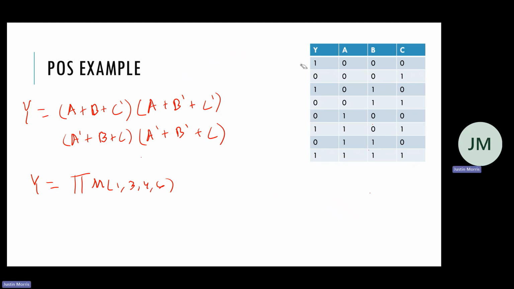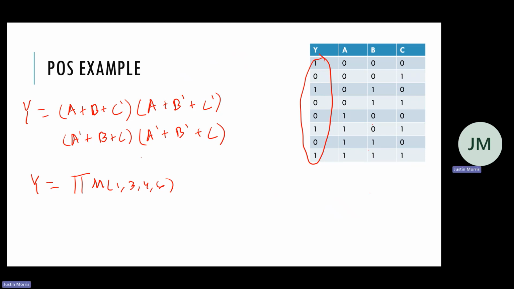The other thing I wanted to note is that when you look at the output, if there are more ones than zeros, I can express it more efficiently with max terms because I have fewer zeros to look at, right?